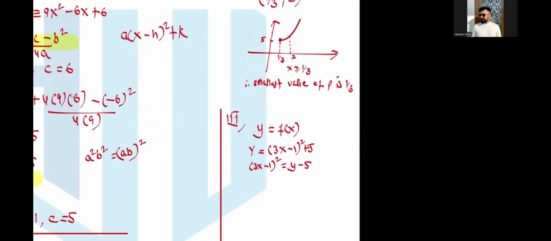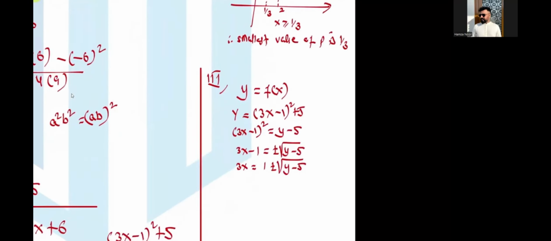When we take the square root on both sides, 3x − 1 will be equal to ± √(y − 5). So 3x = 1 ± √(y − 5). Therefore, x = 1/3 ± (1/3)√(y − 5).